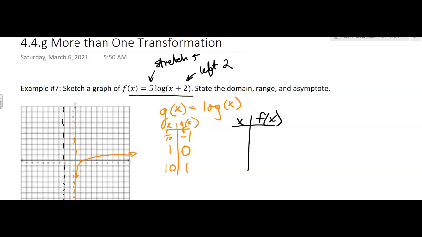So my x-intercept is going to be (1, 0) still, because if I multiply the outputs by 5, right? I'm multiplying these by 5. I still have my x's, 1/10 and 10. And then my outputs are going to be -5, 0, and +5.